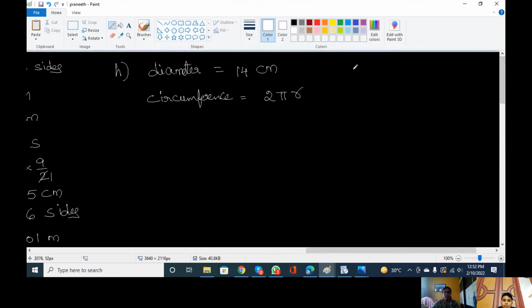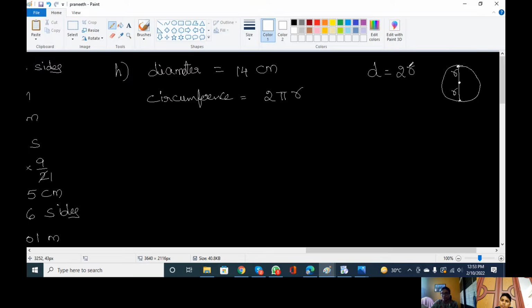Because diameter is equal to 2 times of radius, isn't it? Okay. This is the diameter. This is your center. So from center to any part of the circle is radius. So r plus r gives you 2r, which is called from here to here a diameter.